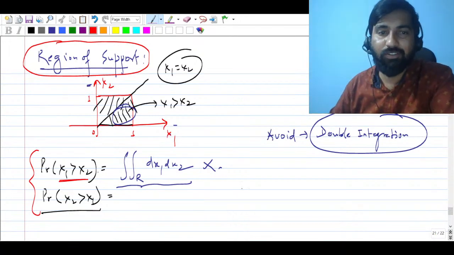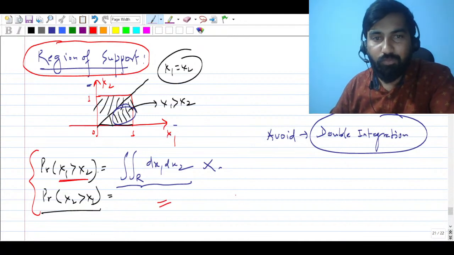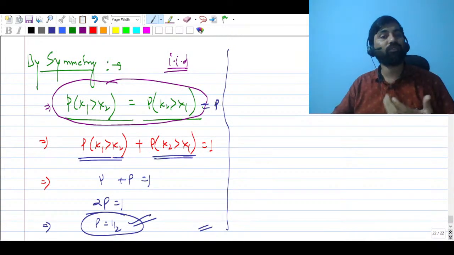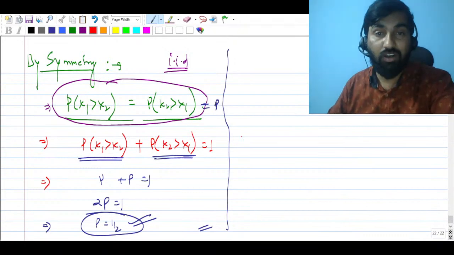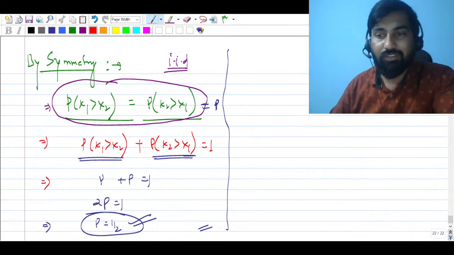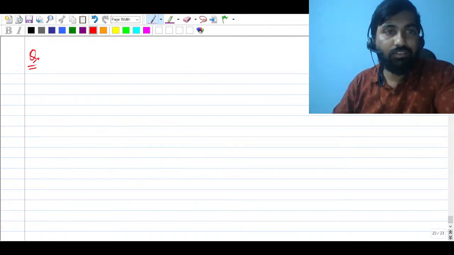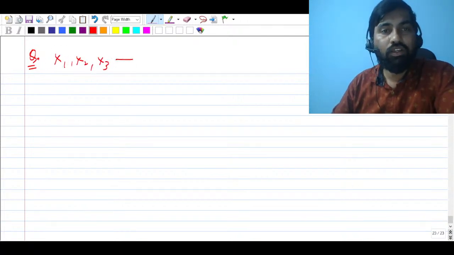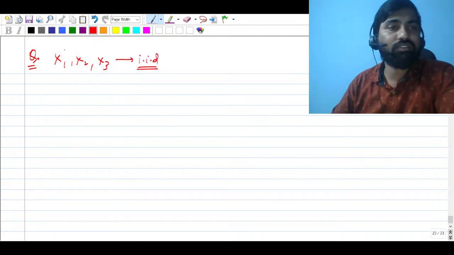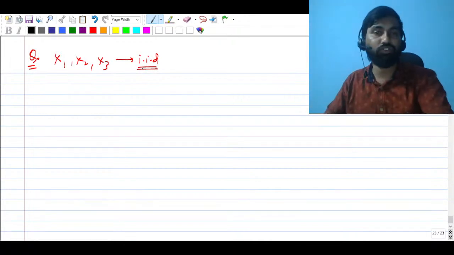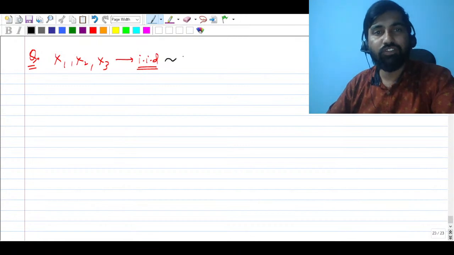Let's take three random variables. This was for two random variables, right? For both of them the probability of x1 greater than x2 will be half, and the probability of x2 greater than x1 will be half, from the symmetry we have done. Let's take one more question. If you have been given x1, x2, and x3, they are IID, meaning independent and identically distributed, and they are uniformly distributed between 0 and 1.